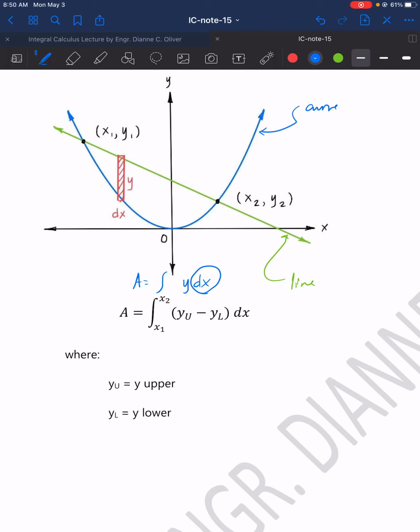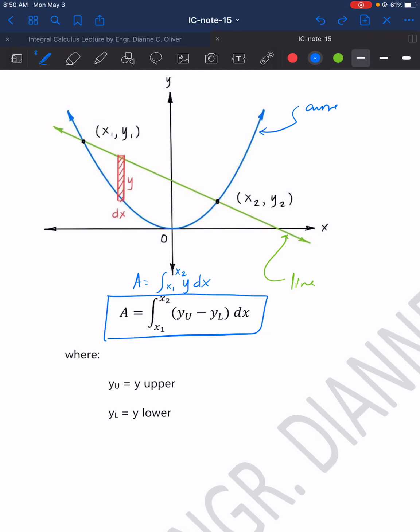Since we're using dx, we have the limits x1 to x2. But why is it that in this formula, it's y upper minus y lower? The y here becomes y upper and y lower. Why? It's because the vertical area strip does not touch the x and y axis. It touches the curve and the line, which both have equations.